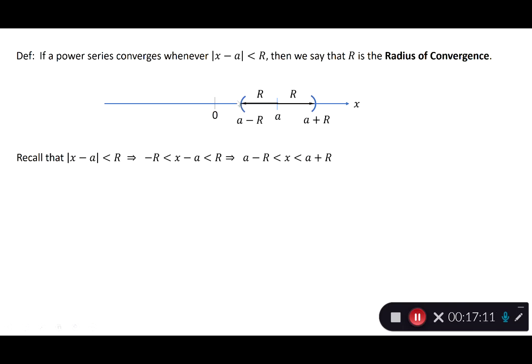So that circle, quote unquote circle, cuts this line at this point and at that point. Okay. Now, what we mean by the absolute value of x minus a is less than r is this interval. What do I mean by interval? I mean all the set of points from a minus r to a plus r.